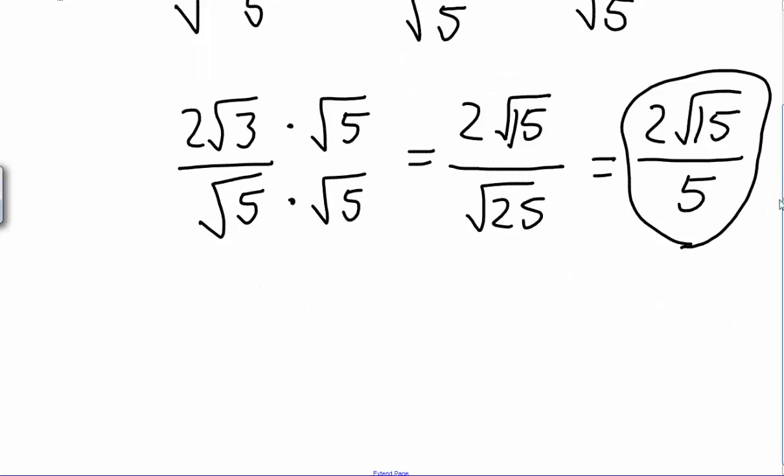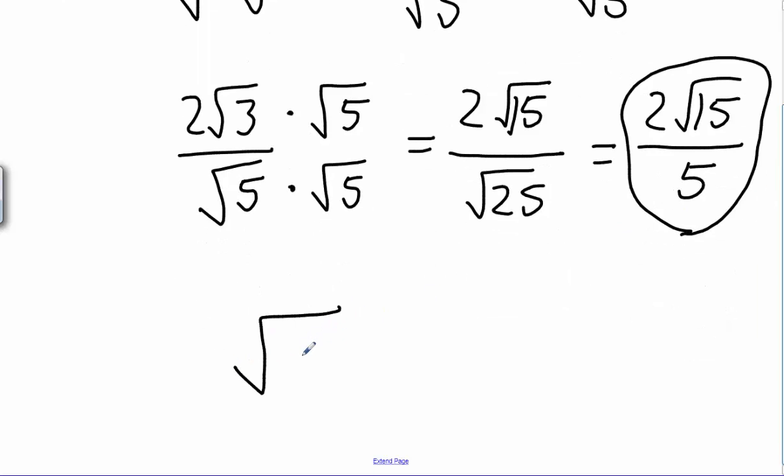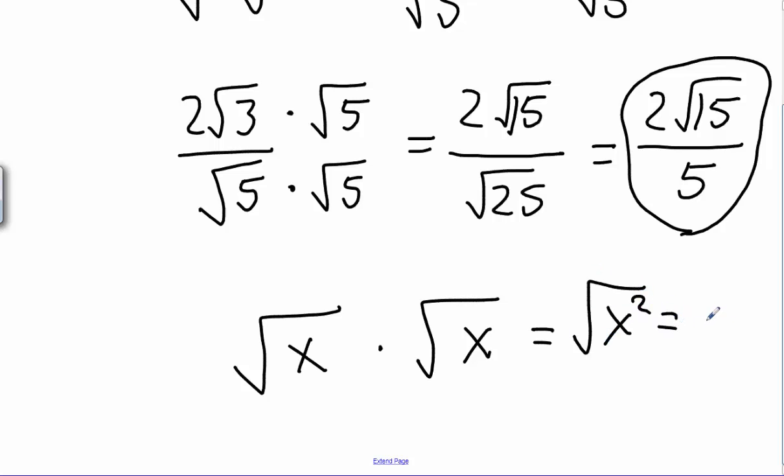I'll make it tricky, square root of x times square root of x is square root of x squared, which is just x. If you ever multiply a square root of something times the square root of that exact same something, your simplified answer is just that something.